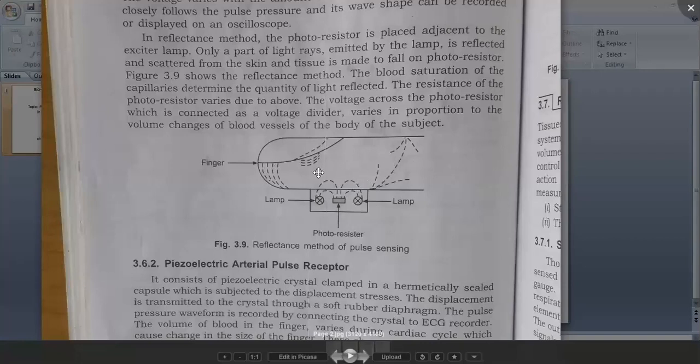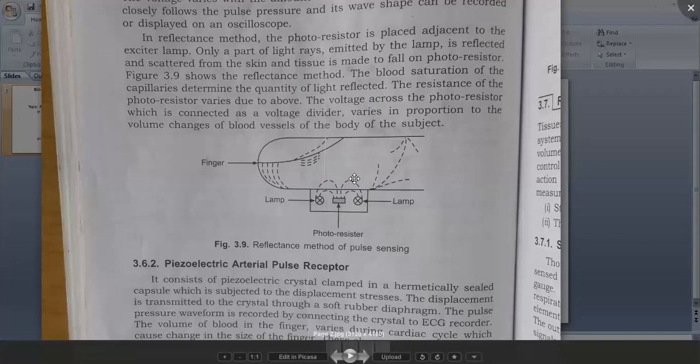You see here, the blood saturation of the capillaries determines the quantity of the light reflected. Here we have some capillaries. When the finger is applied over the sensor, blood saturation will occur.